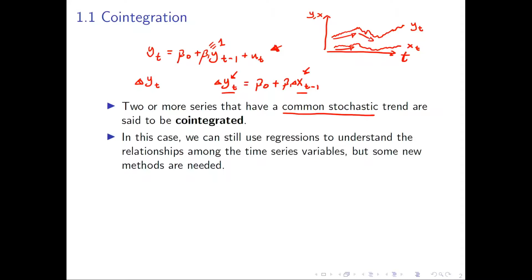If one variable decreases, the other one tends to decrease, and so on. So visually, we could guess that these two variables, they share a common stochastic trend, and if they do, they are said to be co-integrated.